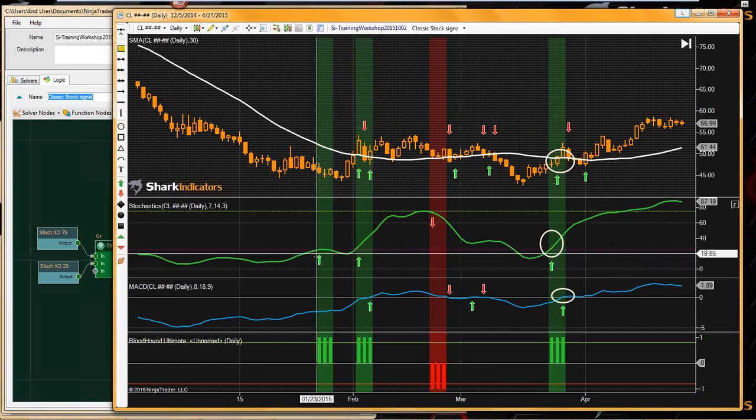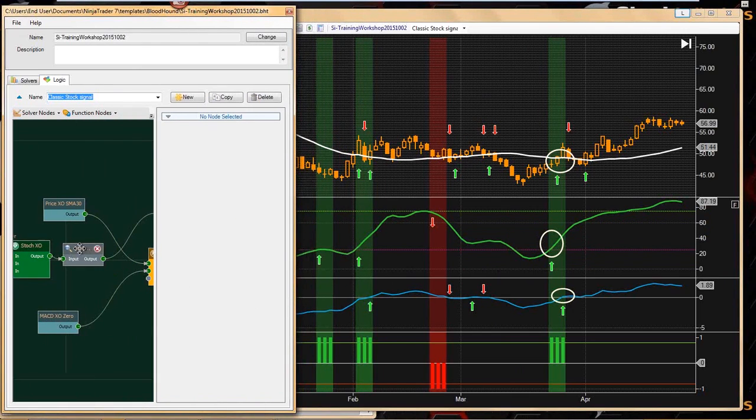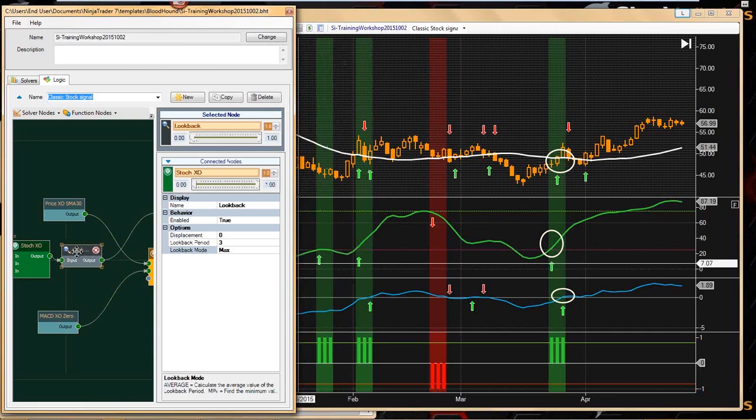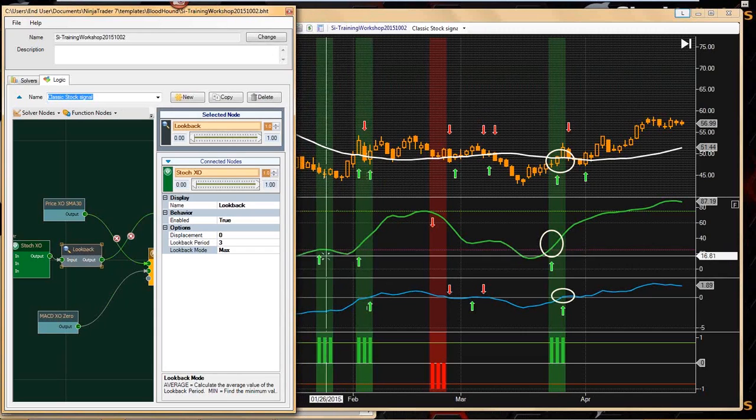Now our stochastic signals have been extended forward by 3 bars. So extending the signals forward 3 bars was done by using this lookback node. And so when you want to extend signals forward, you're going to want to use a lookback mode of max, right? A lookback mode of max.